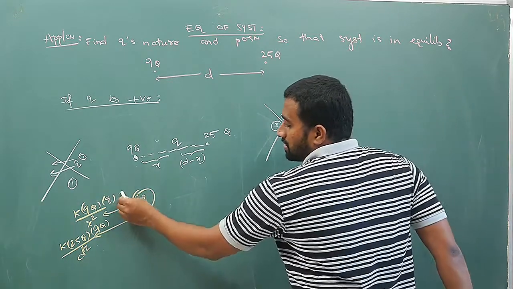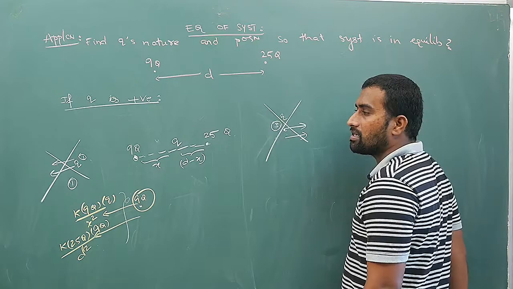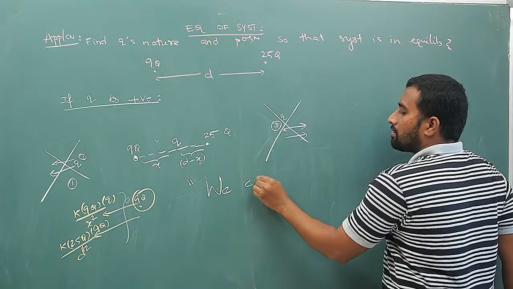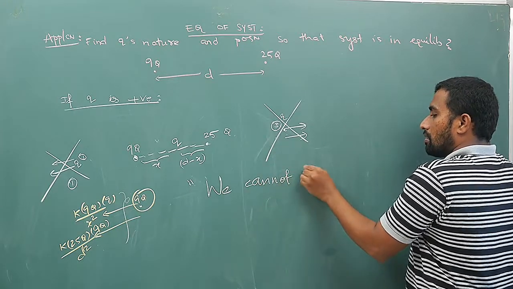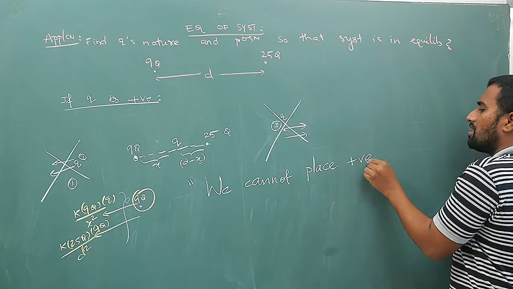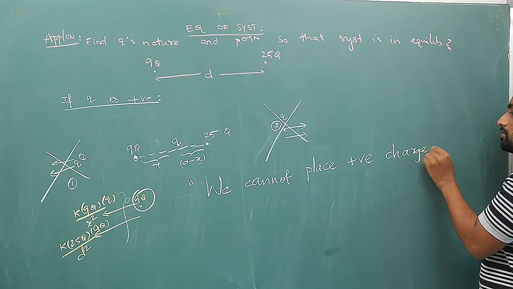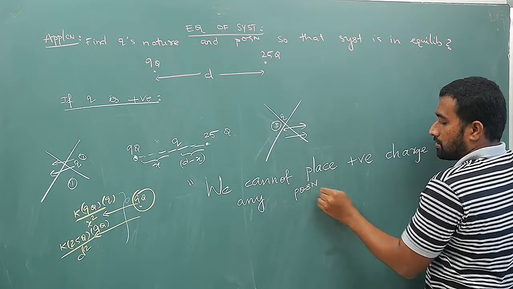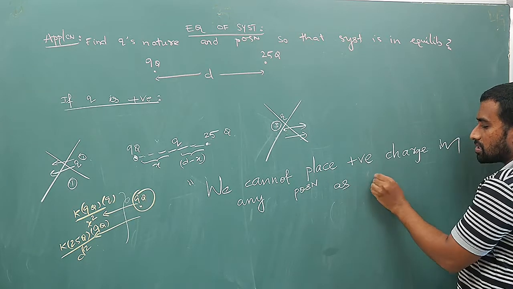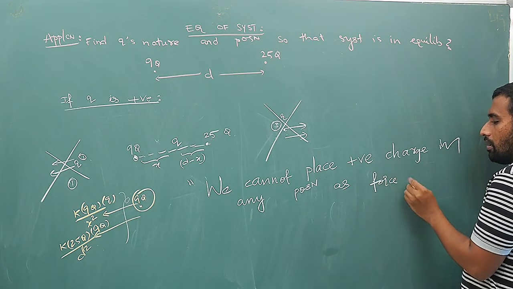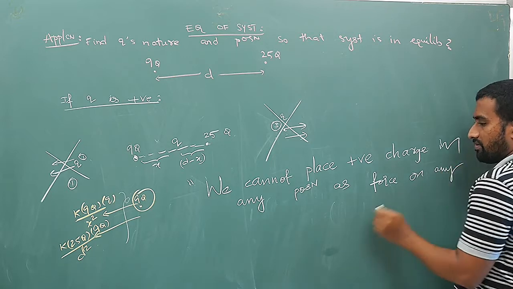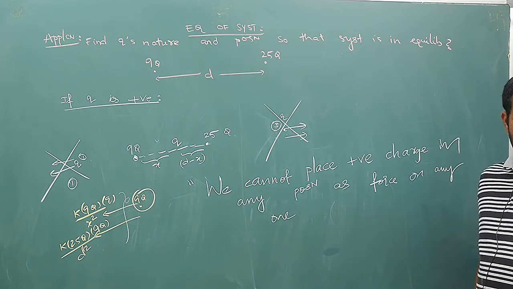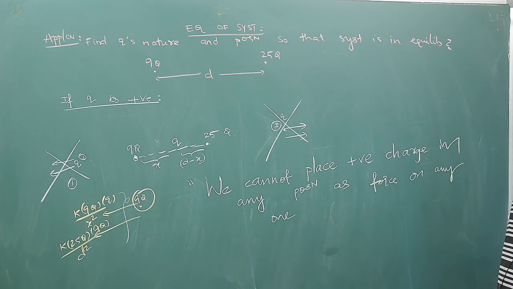When two forces act in the same direction, there is no possibility of the force becoming 0. So here I will write: we cannot place a positive charge in any position, as force on any one of the charges is not becoming 0.